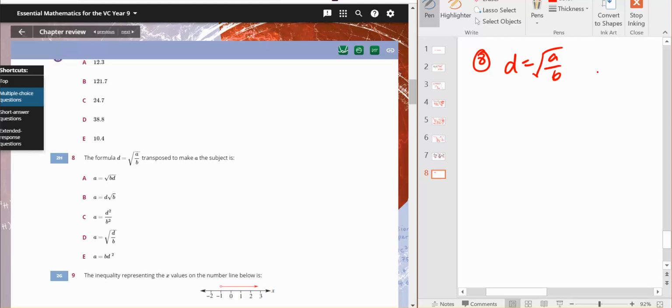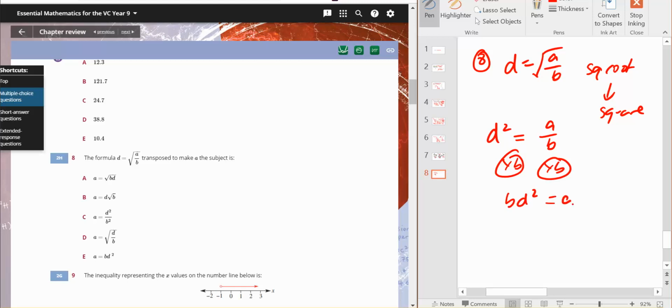If I square both sides, D becomes squared and the square root is removed. To make A the subject, I multiply both sides by B. So this becomes B D squared equals A. Your A should be B D squared, so your answer should be option E.